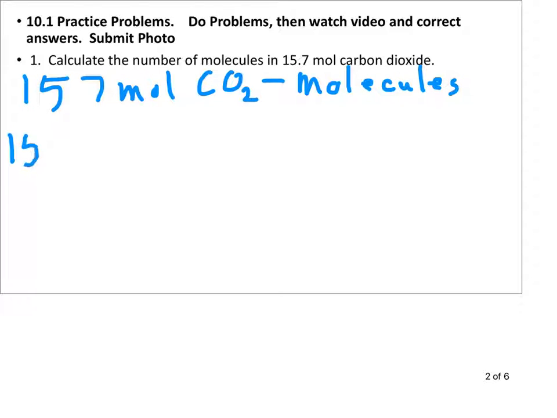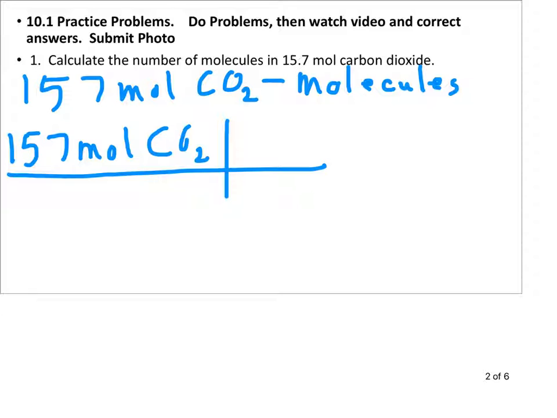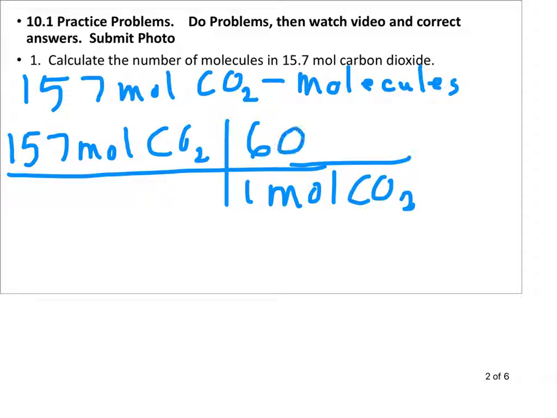We start with 15.7 moles of CO2. For every mole of CO2, we're going to use Avogadro's number, 6.022 times 10 to the 23rd molecules of CO2 in 1 mole.